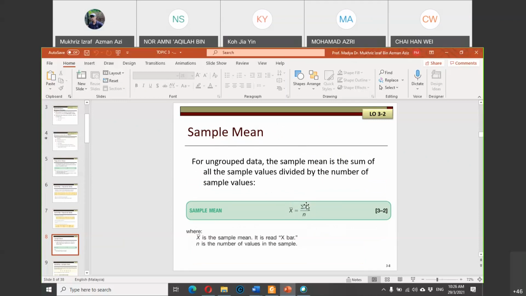Summation x remains the same, but n now is the small n instead of capital N. If you're using x bar, the mean is referring to the sample. If you're using mu, you are referring to data that represents the whole population.